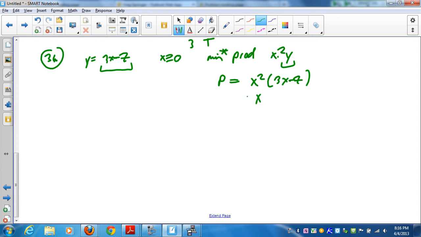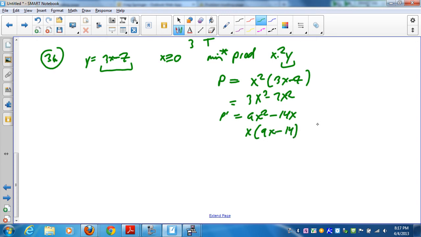So if we take the derivative of this p function, we have 3x cubed minus 7x squared. So the derivative of this would be what? 9x squared minus 14x. And let's take a look. Find the critical points, right? So what's common is they both have an x in it, so we have x times 9x minus 14.